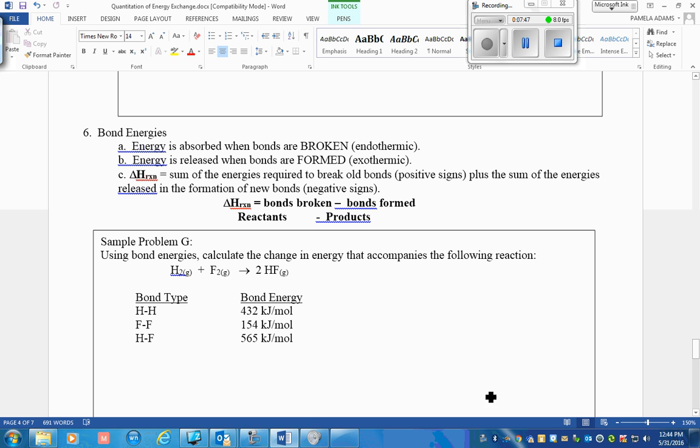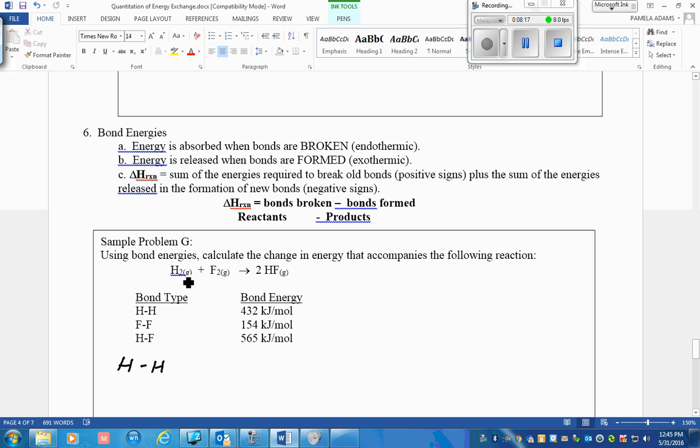All right, so bond energies to find enthalpy are a little bit different. In this case, it's the reactants minus the products. Bond energies are the energy that you need to break a bond. So all of them are endothermic. What you must do is take your target reaction and actually sketch out the bonds.